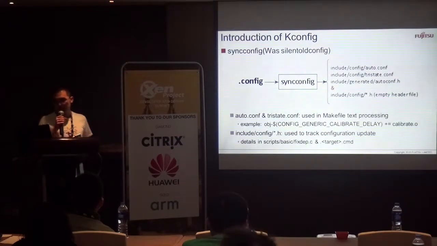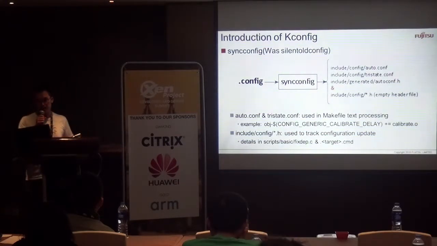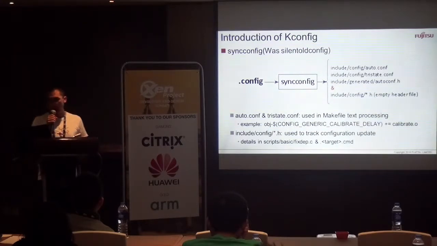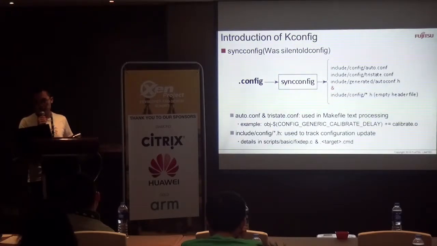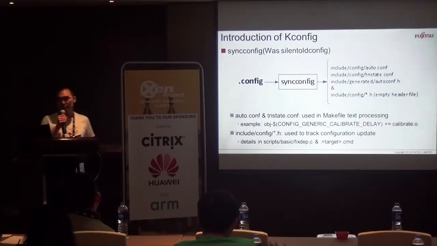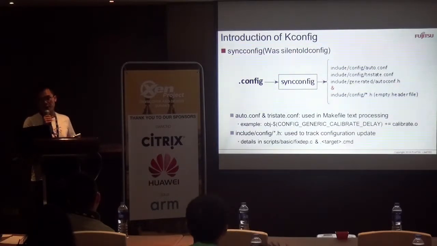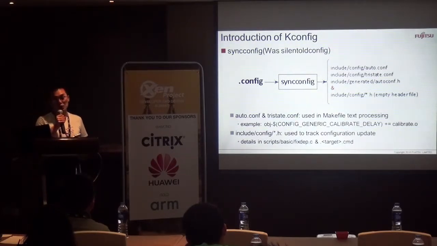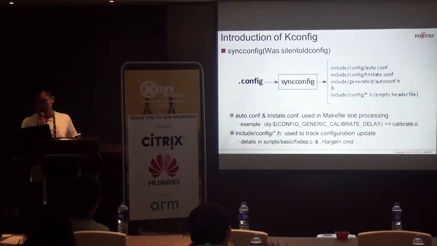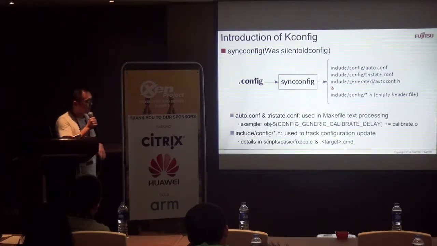Okay, this is another important config target I think people would better know. It is a special one. It was named silentoldconfig, but now renamed to syncconfig. It doesn't generate a .config file, but processes the .config file as input and outputs many other files.